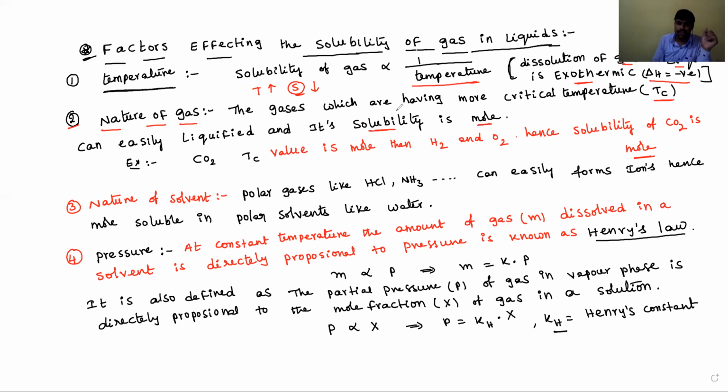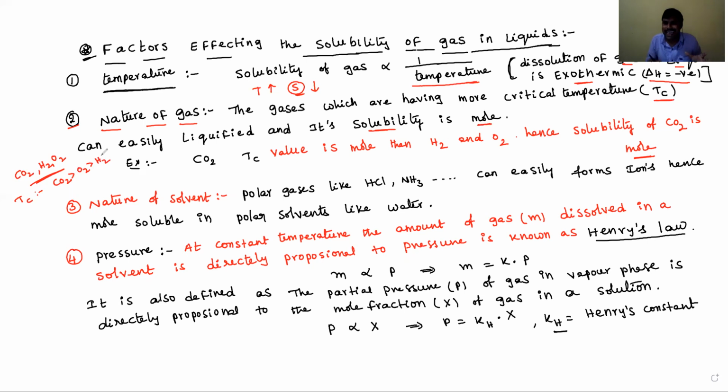For example, I am giving three gases, CO2, H2 and O2. The TC value of CO2 is more than O2 and then H2.